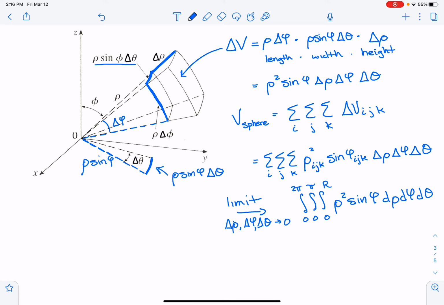And so the exact volume of the sphere, because before we had an approximation, is given by that limit, which of course is an integral.